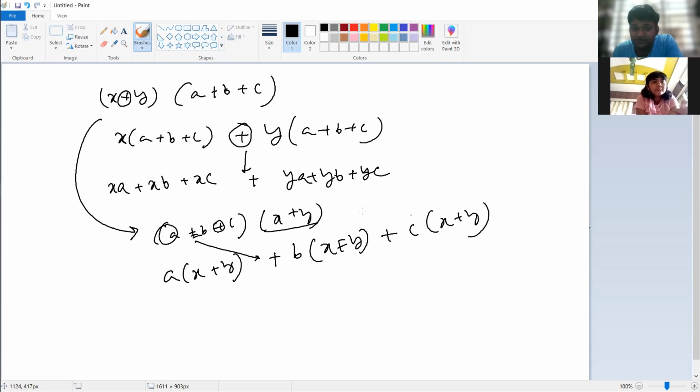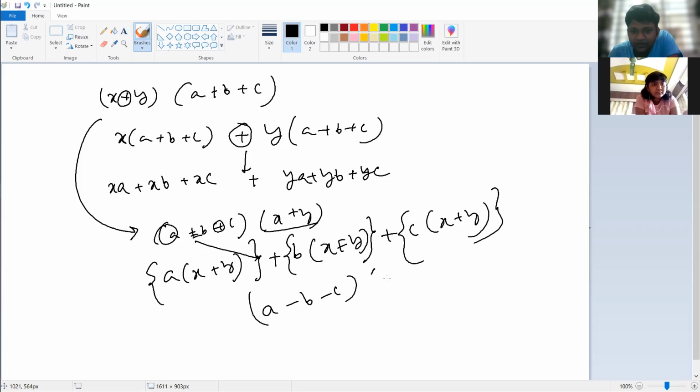But if there is minus, suppose there is a minus b minus c. By the way, one more thing: try to take each and every term in a bracket. Why? I'm telling you in the next line. Next x plus y, suppose.